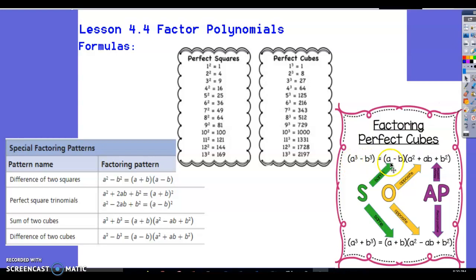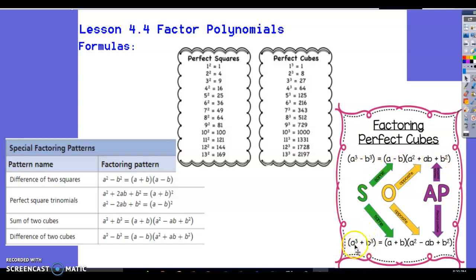That's going to be a minus b, same sign, and then a squared plus, the opposite sign, so if this is minus, this is plus ab, and then always positive. A number squared is always going to be positive. So if you remember SOAP, that tells you what your signs are for a sum and difference of cubes.